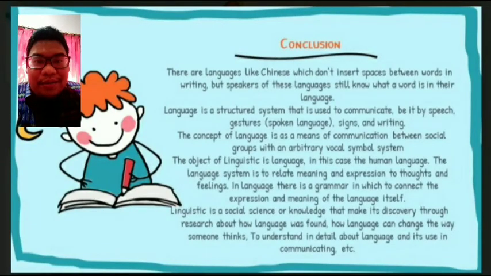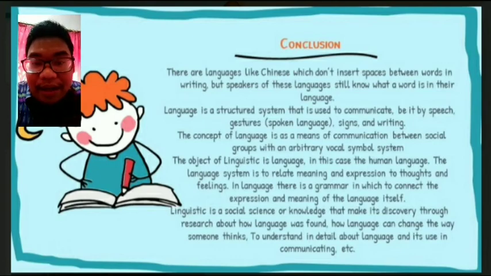Okay, now we go to the conclusion. The conclusion is there are languages like Chinese which don't insert space between words in writing, but speakers of this language still know what a word is in their language. Language is a structured system that is used to communicate, be it by speech, gestures, spoken language, signs, and writing.